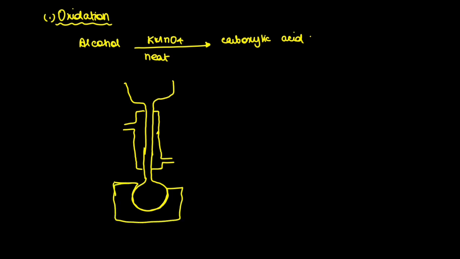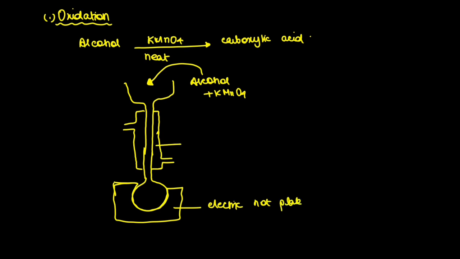Alright, so what happens is that I add the alcohol and potassium manganate from here. This is an electric hot plate, and this is a condenser. Now water comes in from here and goes out from here, again, to not make it a gravity fed process.